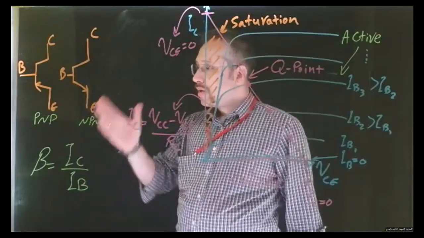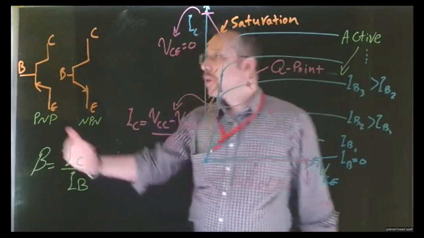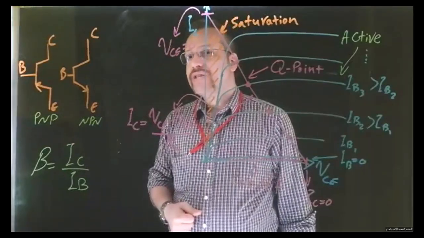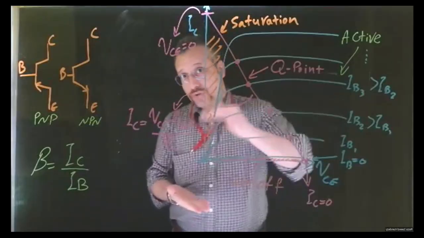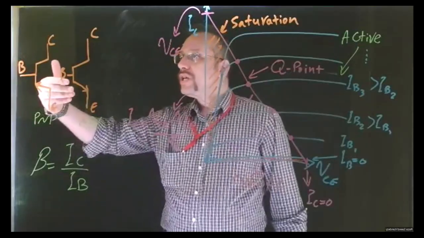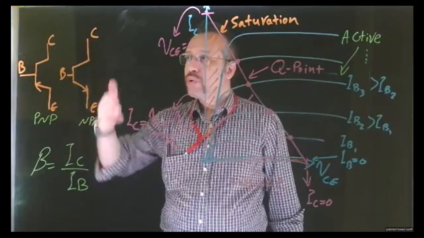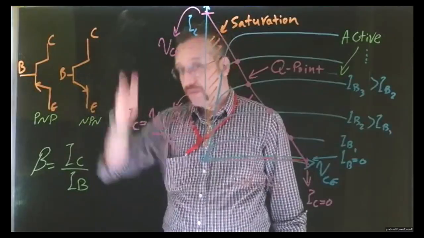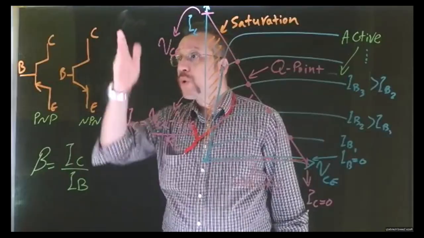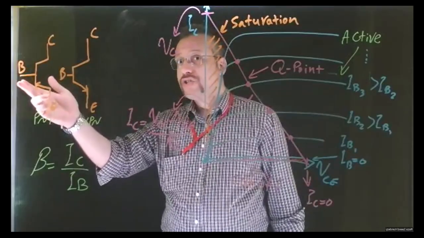the BJT and let the BJT conduct current between the collector and emitter. Okay, now what happens in a BJT is whatever current we inject into the base, if we exceed a certain threshold, the BJT would allow the collector and emitter to conduct a current through them, which is proportional to the current injected into the base.